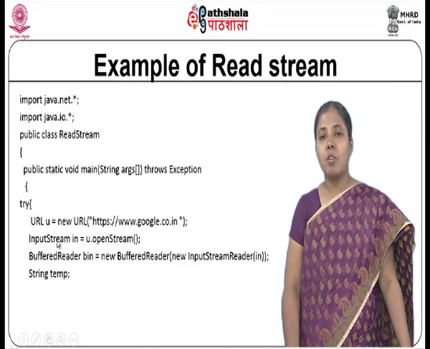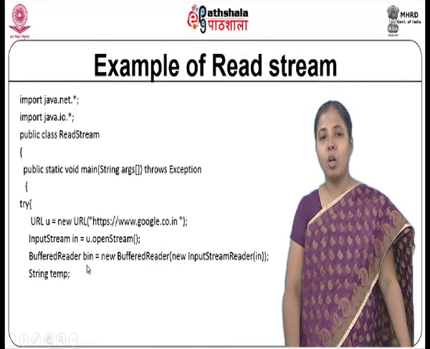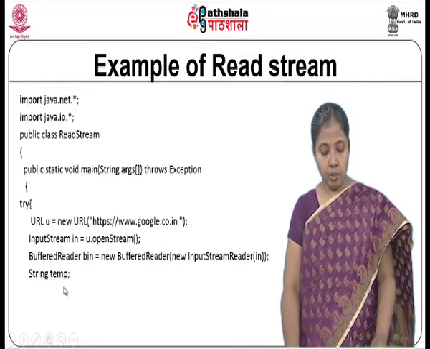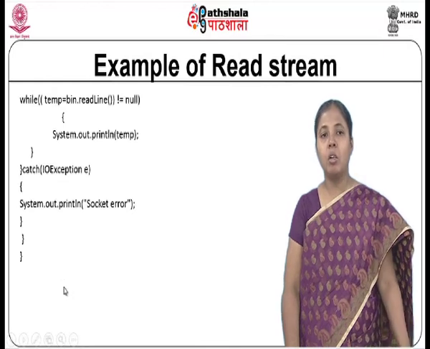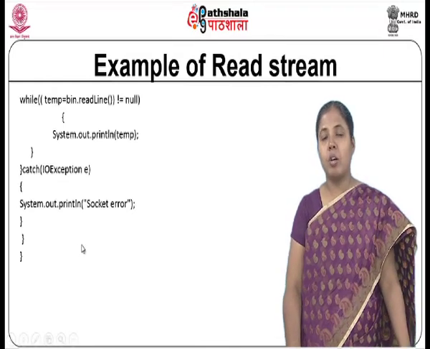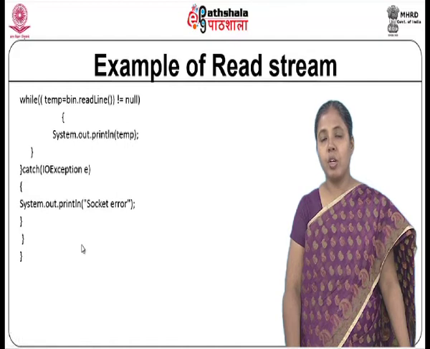Now, nest this input stream class with the other stream classes to make a read. What we have done is, IN is the input stream object. This is nested with the input stream reader, which is now nested with the buffered reader. You get a buffered reader object called BIN. Now declare a string called temp to read every string and print it.